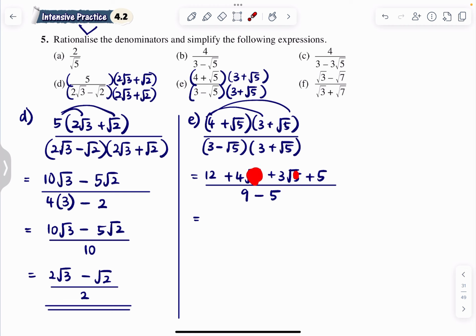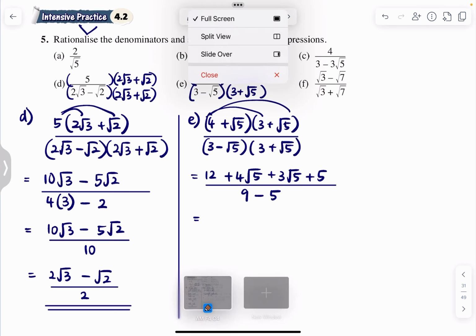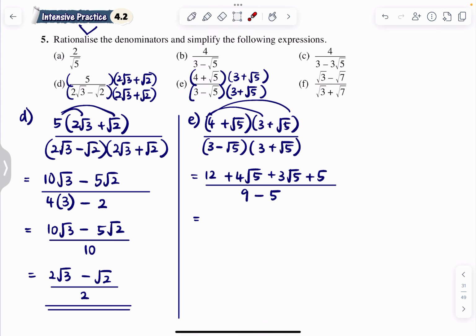So 4 oranges plus 3 oranges will be 7 oranges. Then 12 plus 5 is 17. So (17 + 7√5) over 4. And that's the simplest term. We can't simplify further. Done.